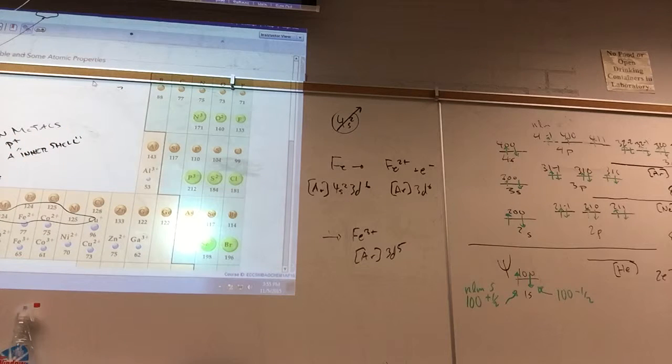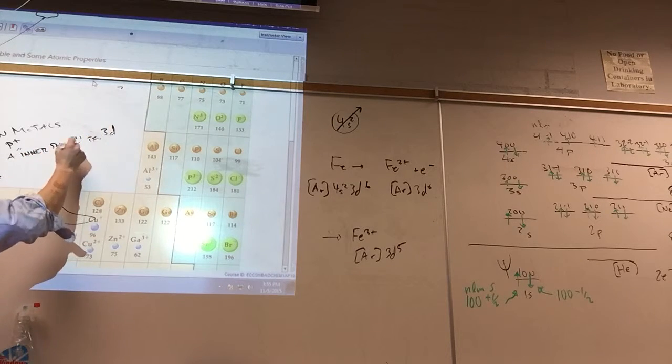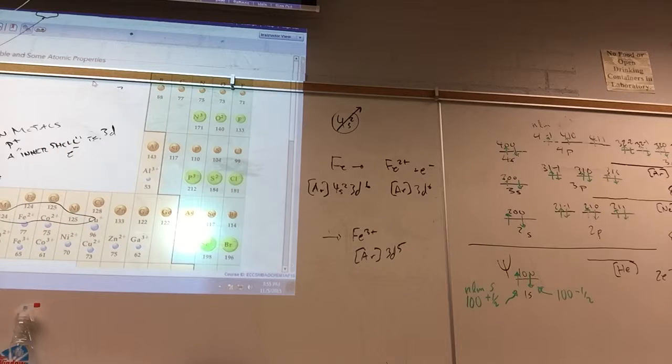Here's where the nomenclature gets tricky, because this is all part of the fourth shell. But we're saying that that 3d is much closer in proximity to the nucleus. And so we add an inner shell, i.e. 3d electron. And what we're looking at is the outermost electrons. The outermost electrons will dictate the size. The outermost electrons will be the 4s. And so what happens is these inner shell electrons are effective shielders.